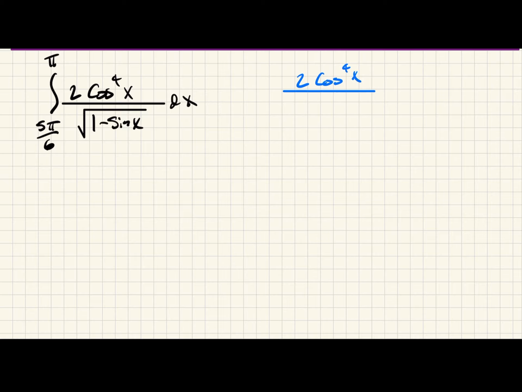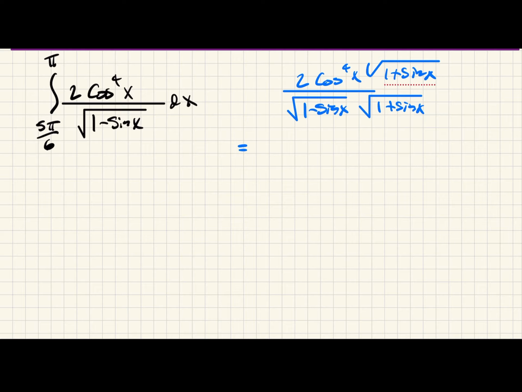Okay. So, 2 cosine 4x. I'm just going to do this separately over here, a little scratch work. I'm not quite sure what my technique is supposed to be. 1 minus sine x. So, you're saying, what if we went with square root of 1 plus sine x on the top and bottom?